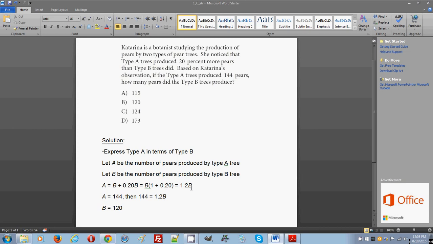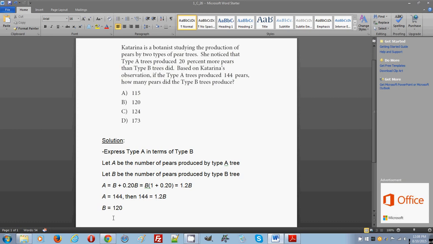Okay? So now we know that A is equal to 144, right? Because type A tree produces 144 pears, it's given. Then we can substitute the value for A to equal 1.2B. So now that we substitute it, it's very easy to find B. You just divide both sides by 1.2, and you get B is equal to 120.